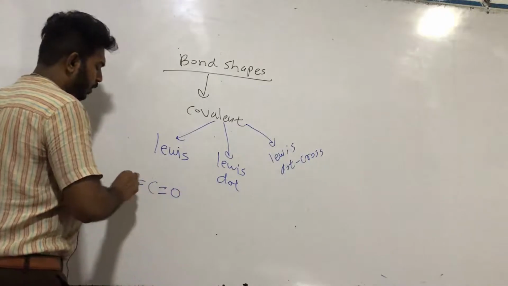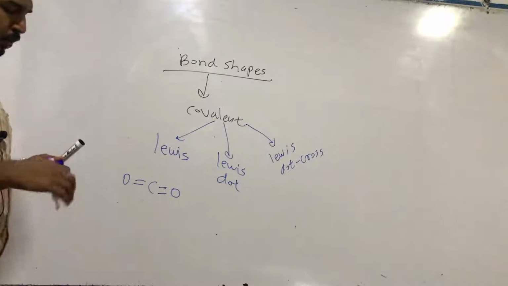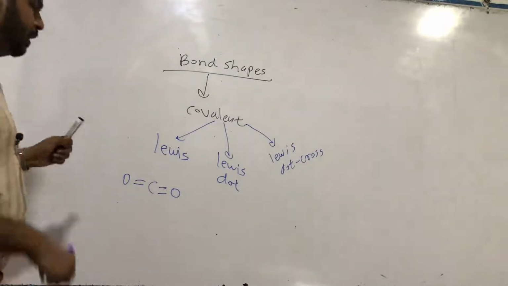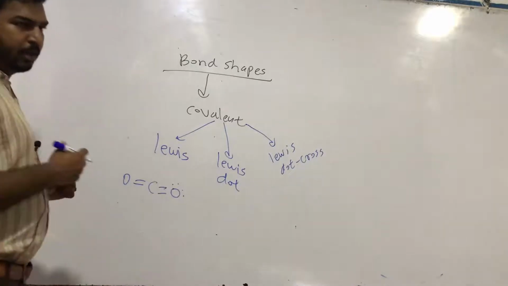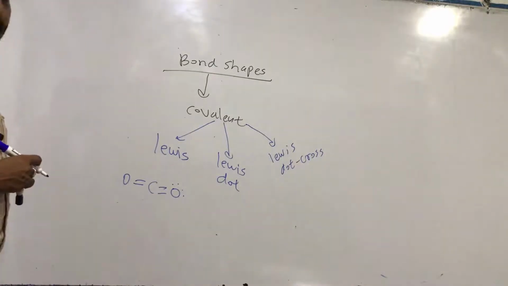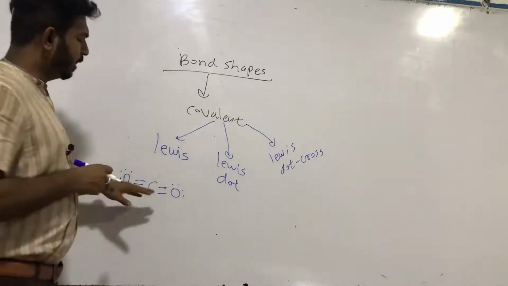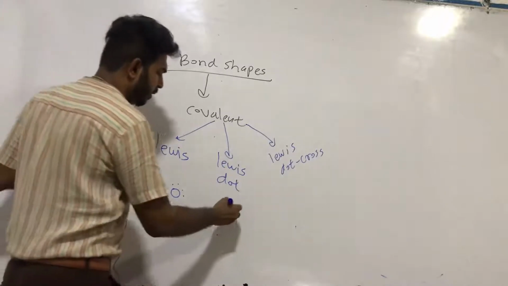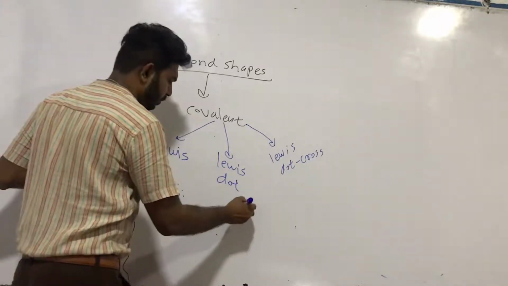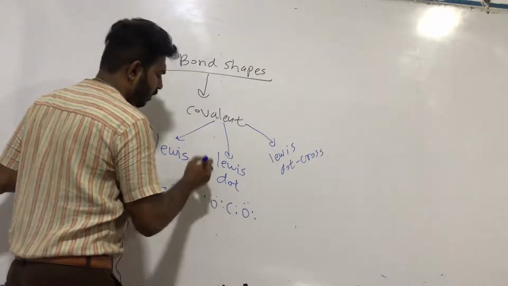If we need to draw a molecule using lines for the bonds and dots for unpaired electrons, let's see what unpaired electrons are. So this is a Lewis structure. Then a Lewis dot structure is if we draw all the structures using dots.